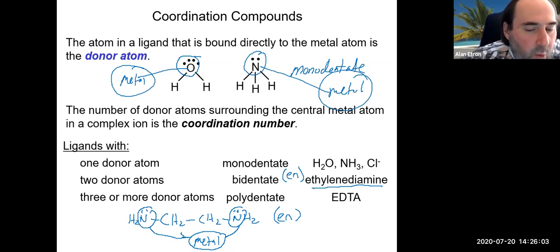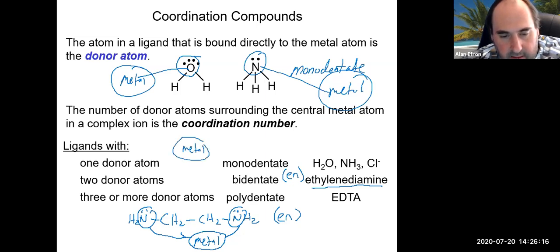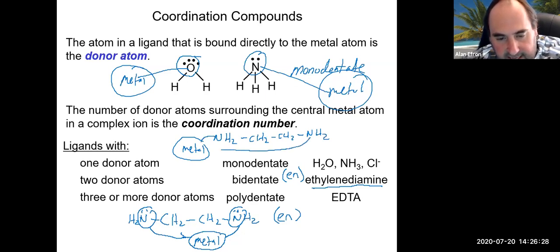For every one of those particular ligands, you get a 2-for-1 deal, which means if I had 2 of them, I'll draw one this way since I don't have a lot of room. This guy would attach, and this guy would attach. And if I borrow this guy on the bottom here, this guy would attach, and this guy would attach.